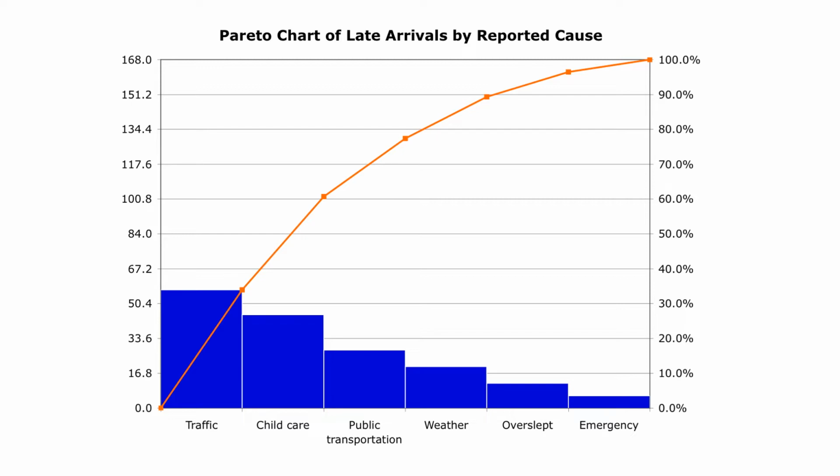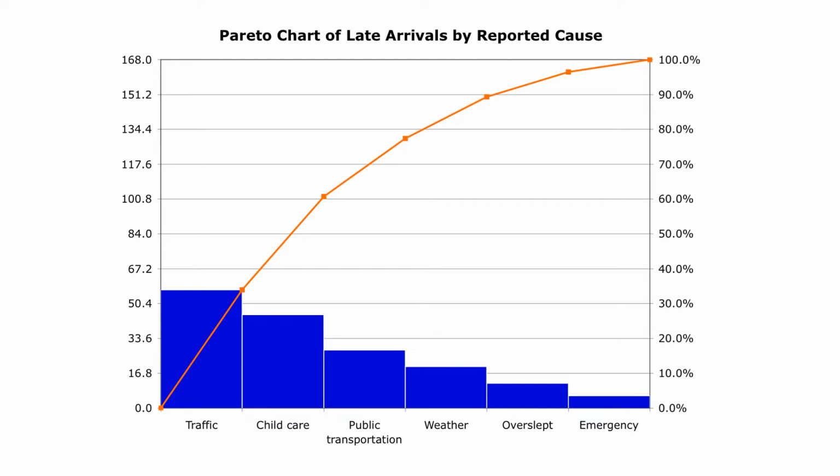And what I have here with the blue graph, and that's referring to what's on the left side, the number one problem is traffic. Number two problem is childcare. Number three problems, in order, are public transportation and weather. Very few overslept, and then an emergency.